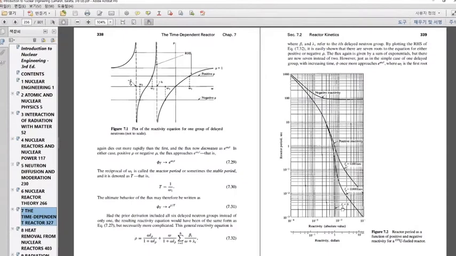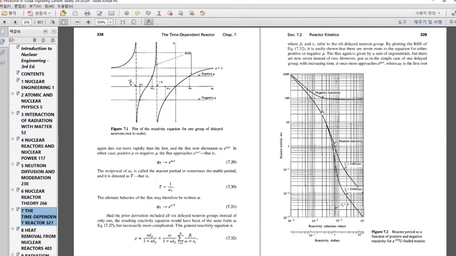So here LP corresponds to the prompt generation time, and when reactivity approaches prompt critical, the reactor period suddenly decreases to a very, very small value.